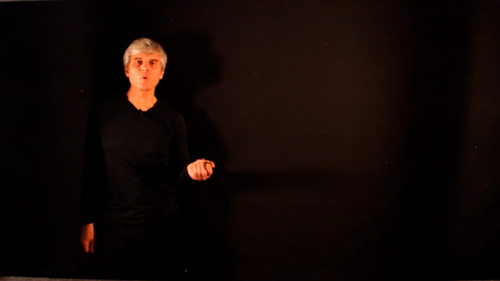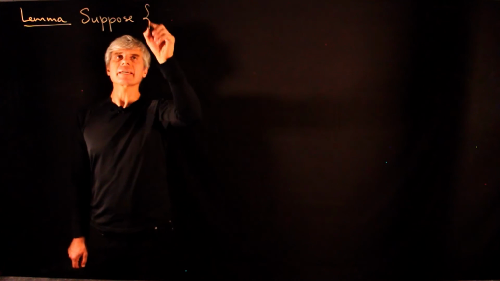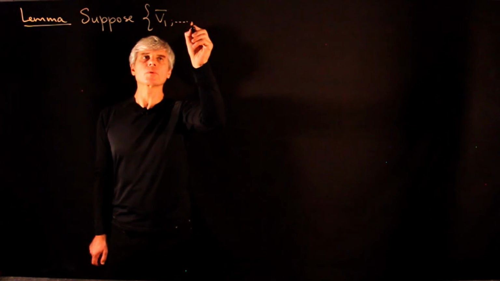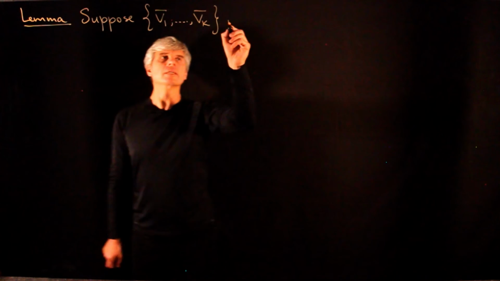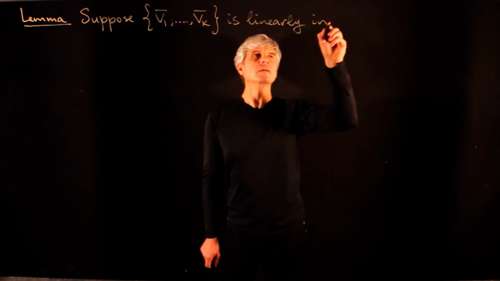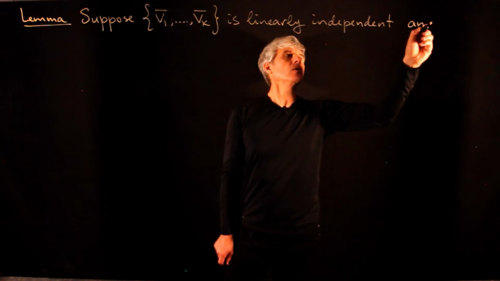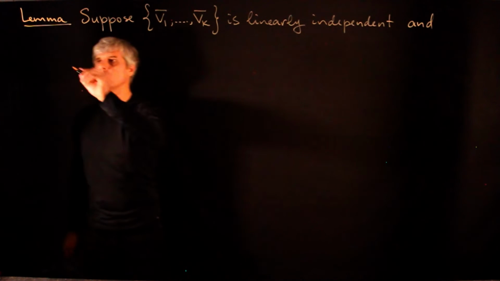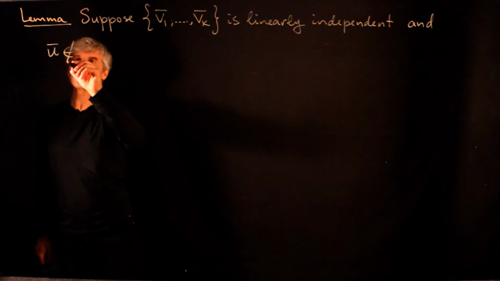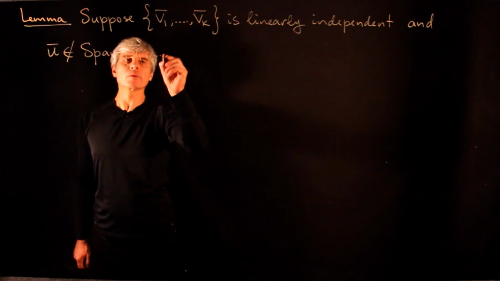So let us prove one more lemma about spans and linearly independent sets. Lemma: suppose the set v1 through vk is linearly independent, and also assume that the vector u does not belong to the span of v1 through vk.